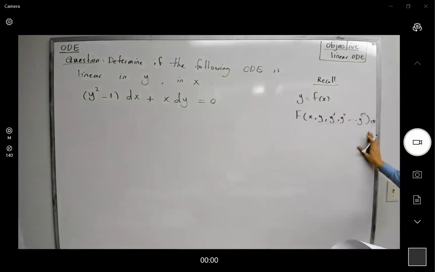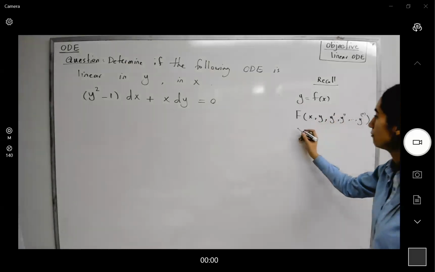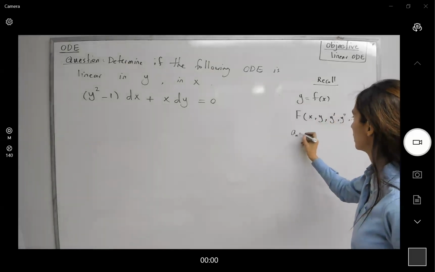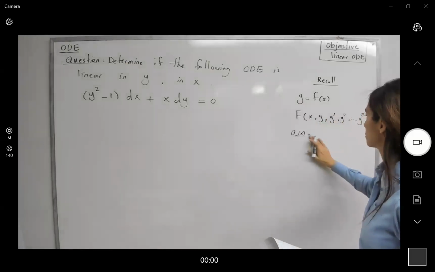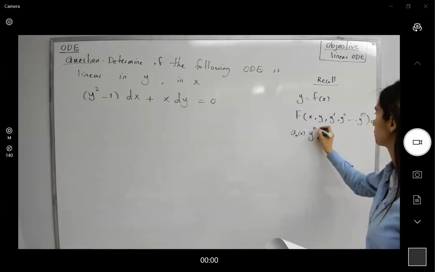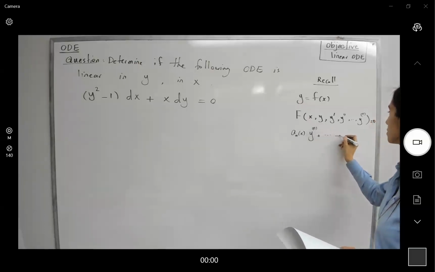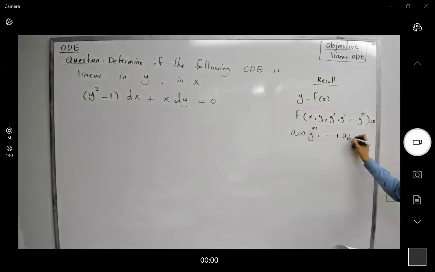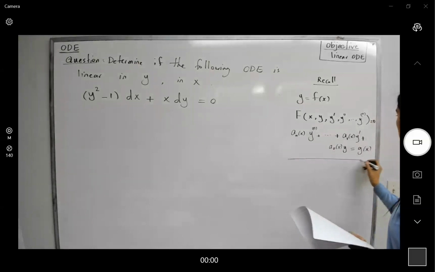And we know that it's linear if we have the following: a_n(x) times the nth derivative of y, plus the rest of the terms, a_1(x) y prime plus a_0(x) y equals g of x.